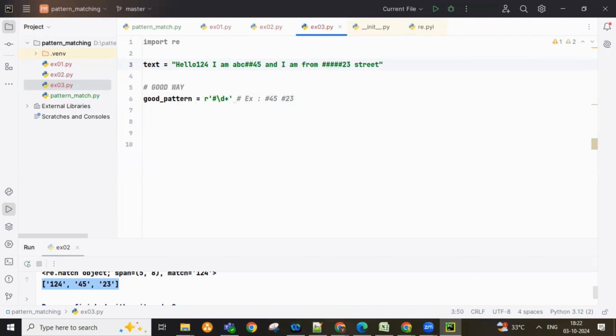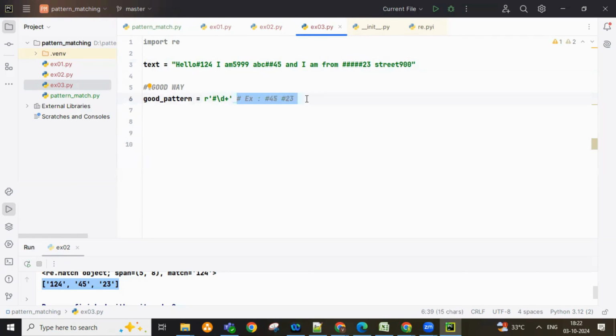So you want to match, for example, let's say here I'll put a single hash and some number, like 500, or some number, space here 900, for example.